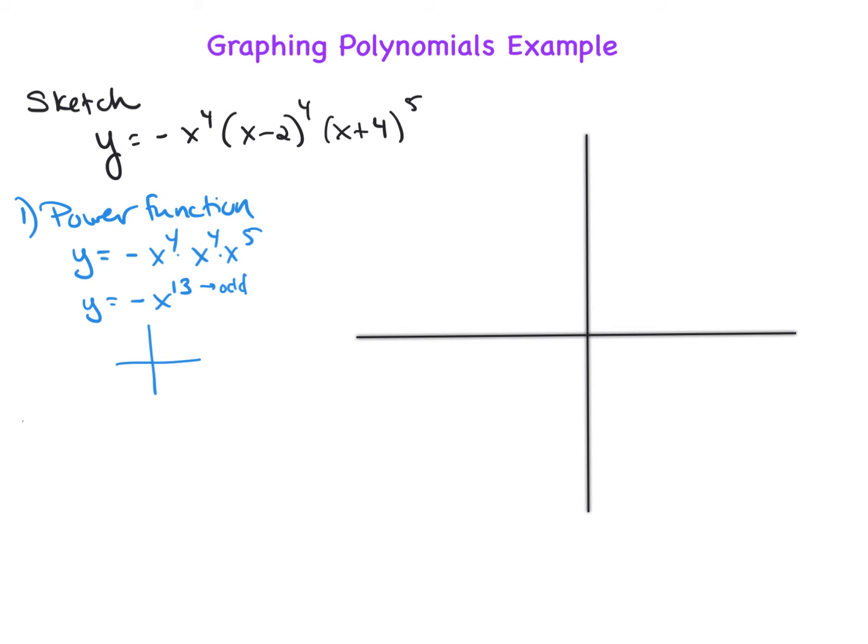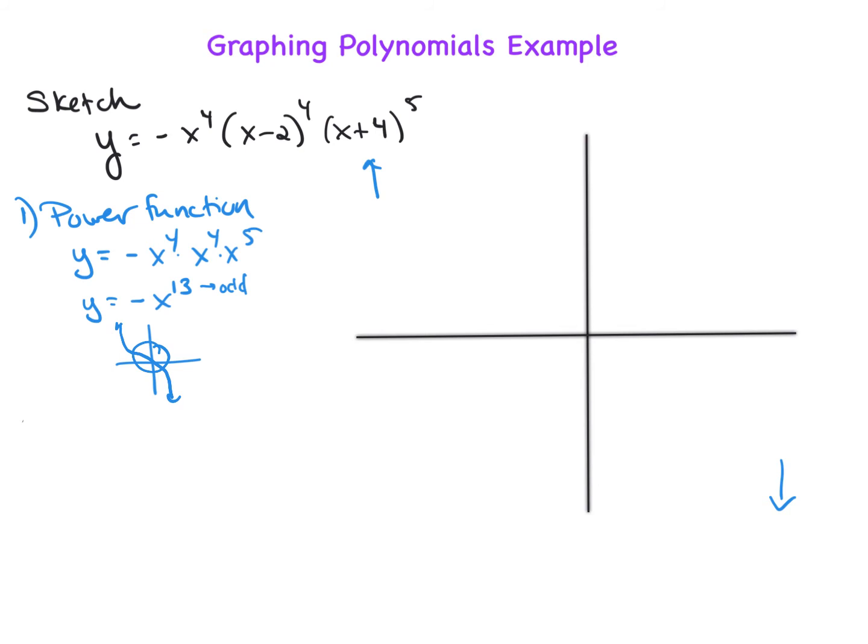And since there's a negative in front of it, it's going to have a reflection. So this graph will look something like this function. I don't know what happens in the middle here, but I know that my graph is going to be going up on the left-hand side and down on the right-hand side. It's the middle part that I'm not sure about.